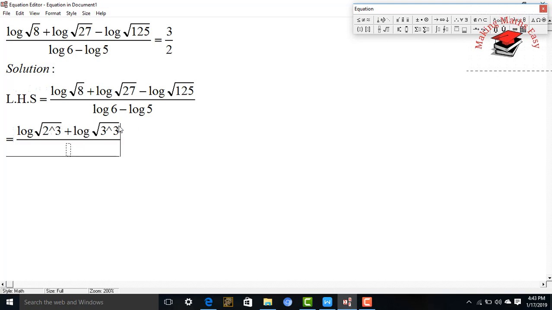Now another thing, log of square root of 125 can be written as log of square root of 5 raised to 3, as 5 multiplied by 5 multiplied by 5 gives me 125, and downwards I will write it as it is, log of 6 minus log of 5.